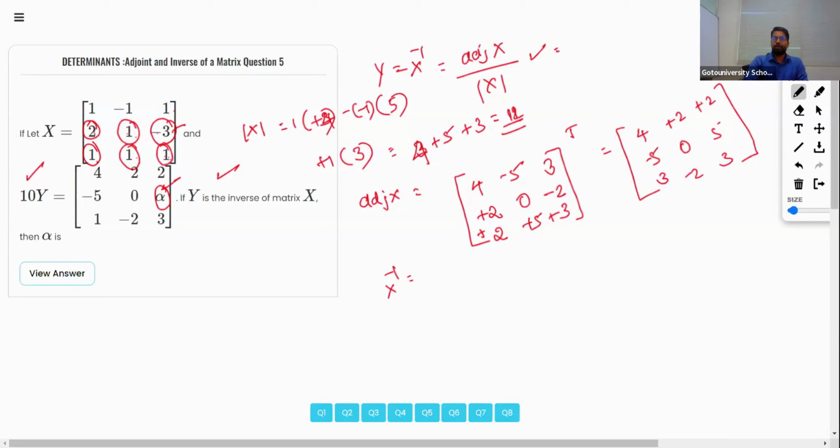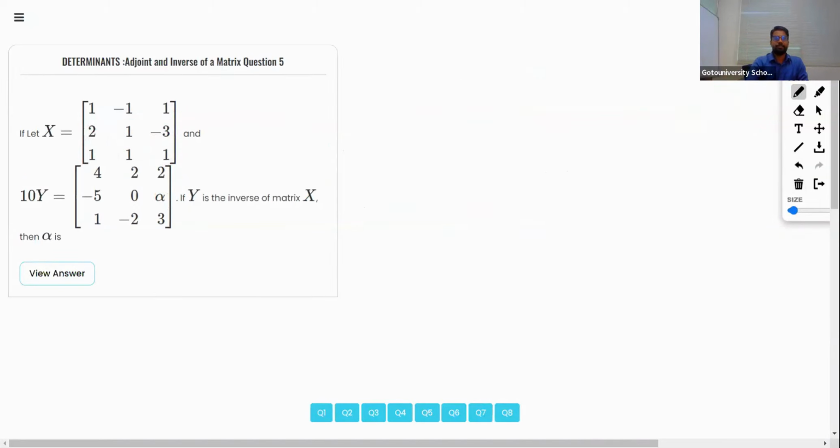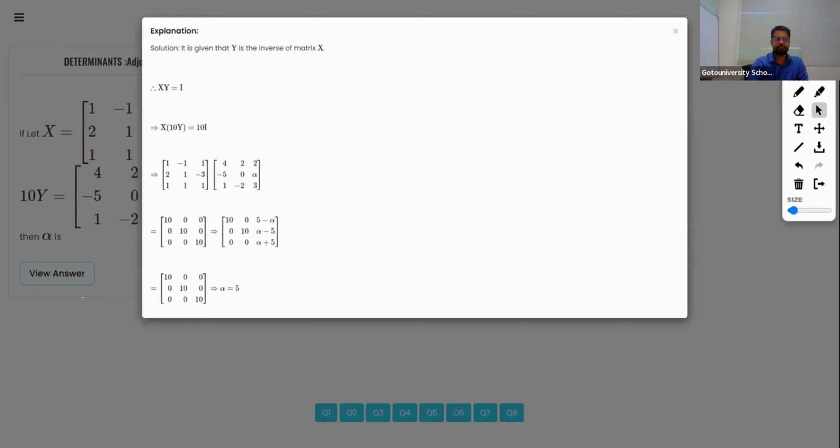Instead of doing all this, I'll just show the solution better, so we can save time as in the previous question. Let me erase all this. Let's look at the solution. They have solved it in a very simple way. They are told Y is the inverse of X, so X into Y is the identity matrix.